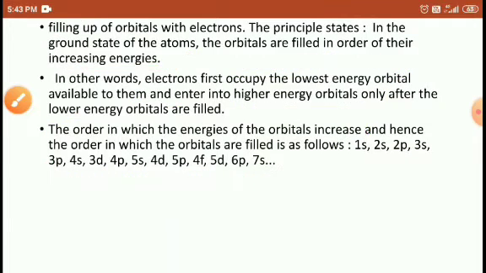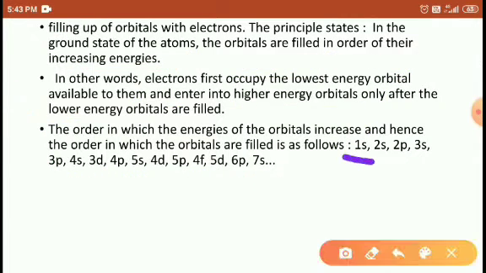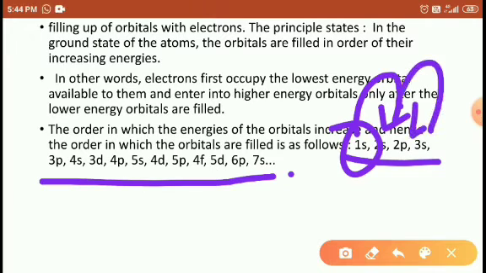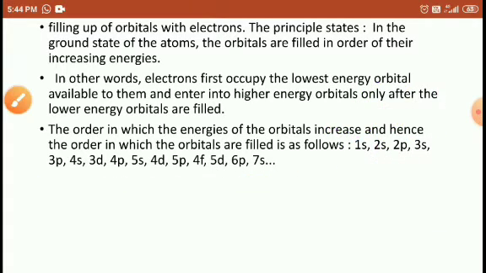Look here, students, this is the increasing order from 1s to 7s. Electrons are filled into the lower energy first, then afterwards into the higher energy, and then into the next higher energy, right students?